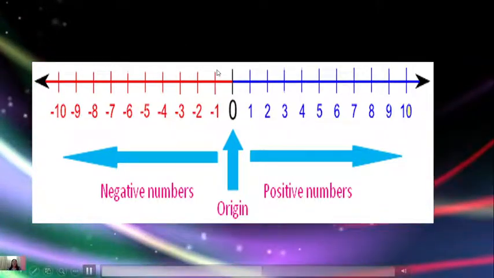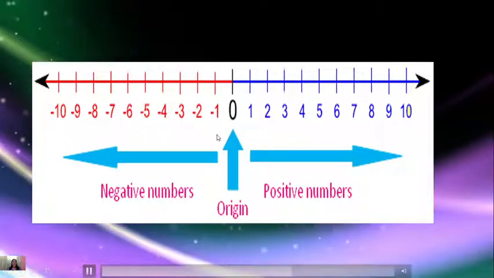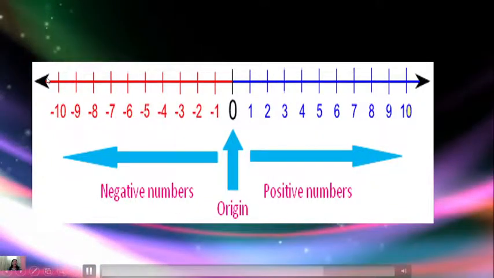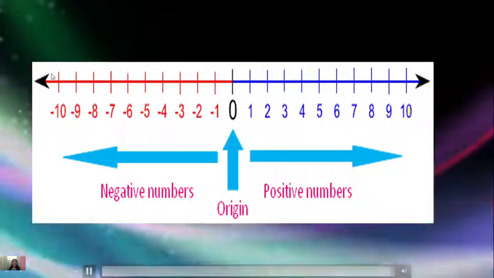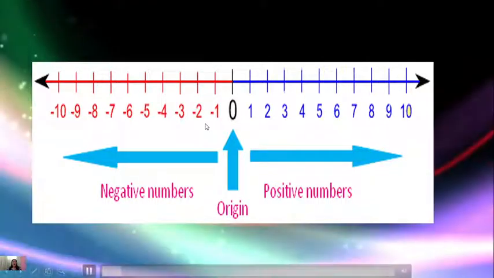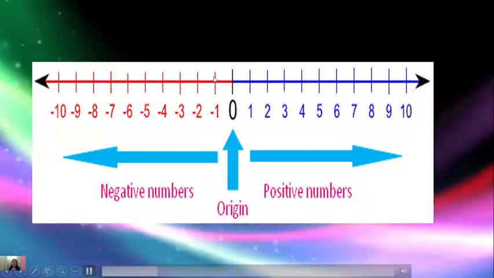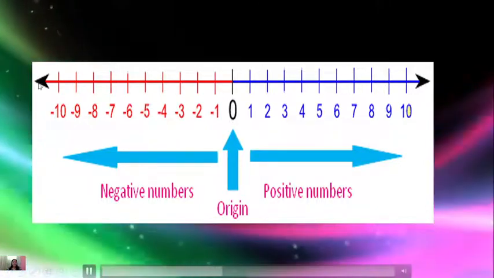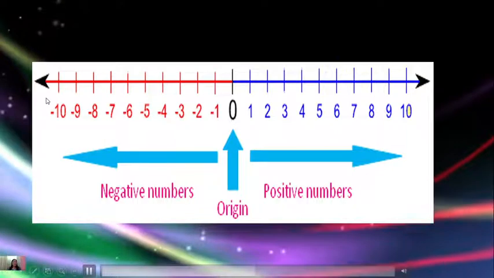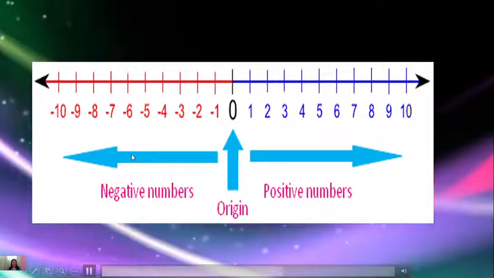Okay, so we have negative 1 is greater than negative 10. Always bear in mind that the number which is near to 0 is always greater than the number far from 0 in terms of negative numbers. Okay?